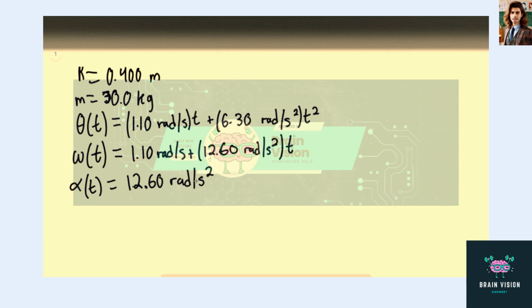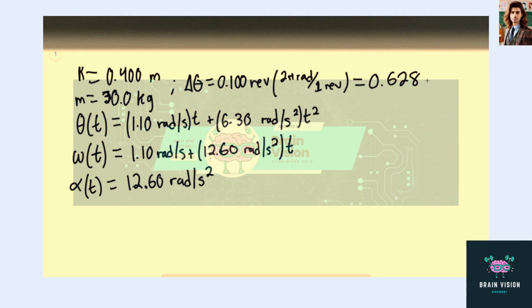So at this point, we can say that the change in theta is 0.100 revolutions. We also know that there's 2 pi radians per 1 revolution. So this is going to be 0.628 radians.